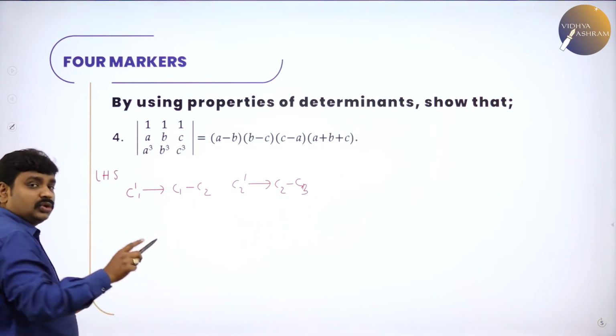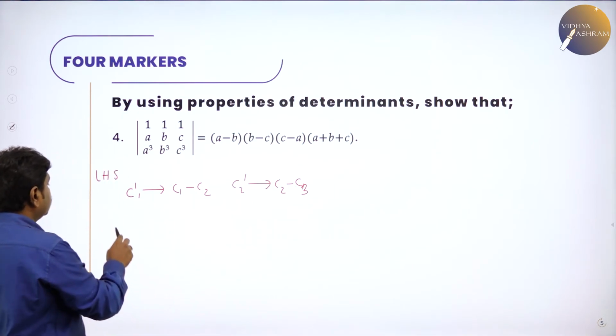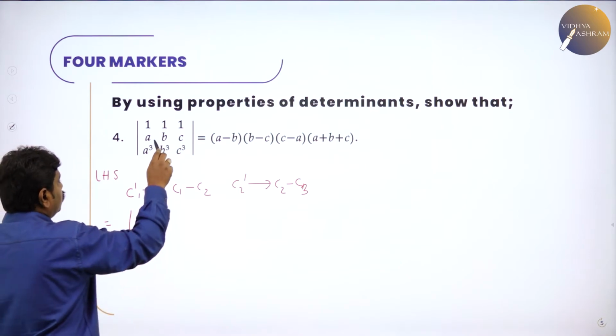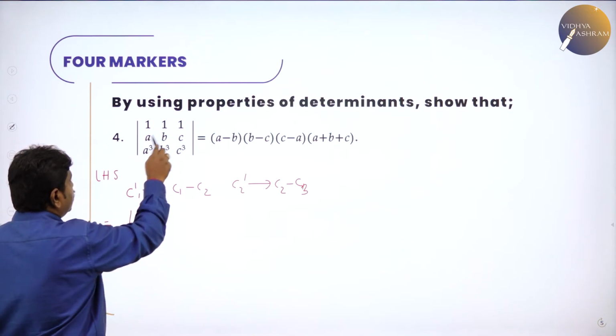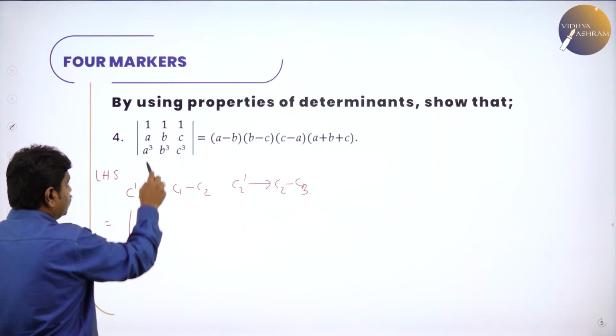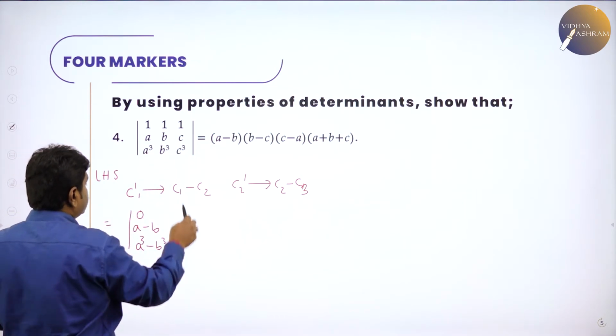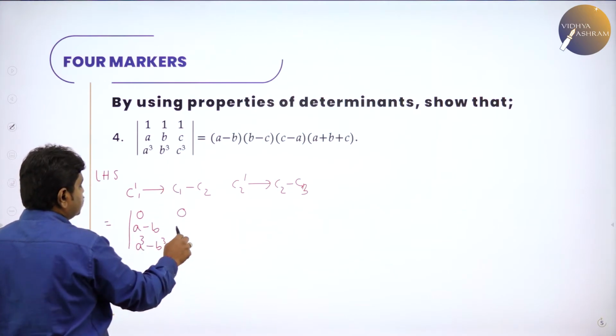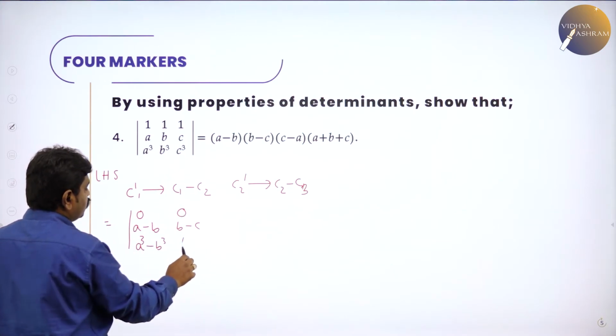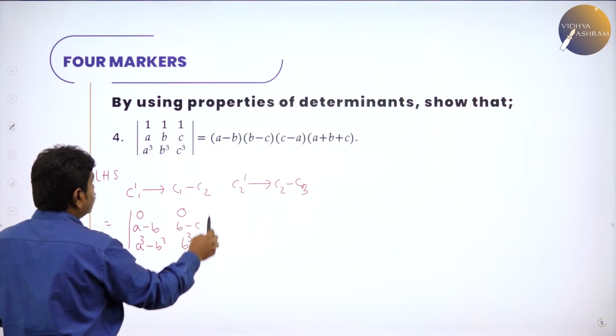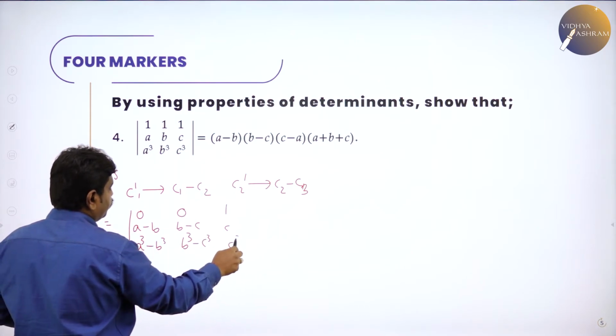Now, at a time you can do 2, so we have done 2 operations. So now 1 minus 1 is 0, A minus B is A minus B, then A cube minus B cube; further 1 minus 1 is 0, B minus C is B minus C, and B cube minus C cube is B cube minus C cube, and the last column 1, C, C cube.